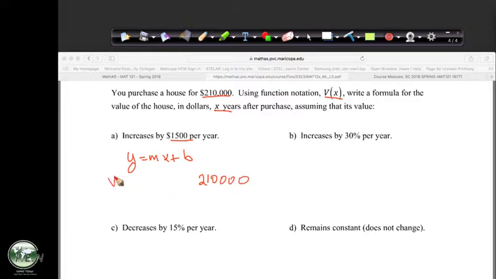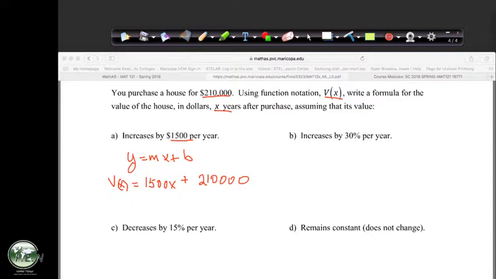We'll put V of x, and we're going to increase by 1,500x, and x is the number of years. So each year it goes up by 1,500. That's a linear process: 1,500x plus 210,000. So far, so good. I don't think I put much of that on the test because we tested you under linear, that's fine.